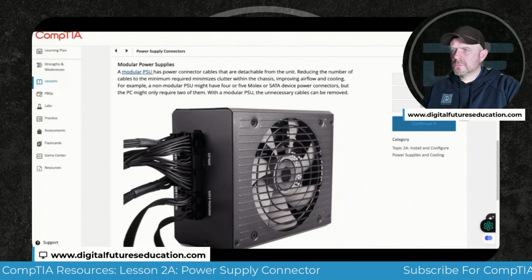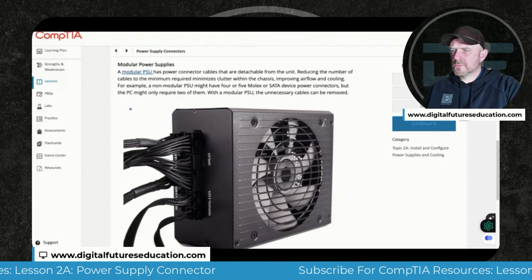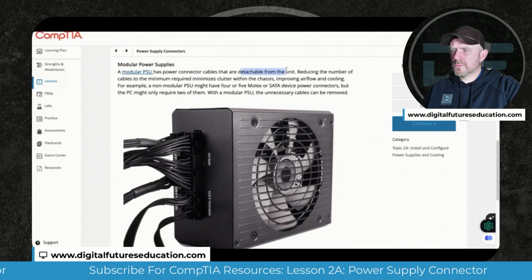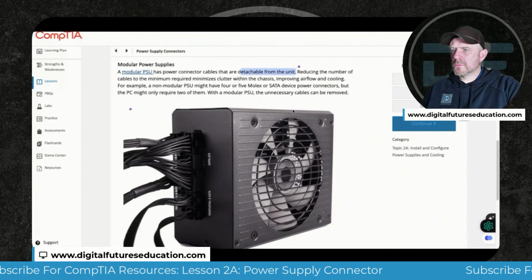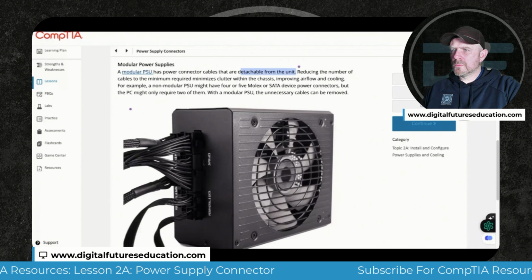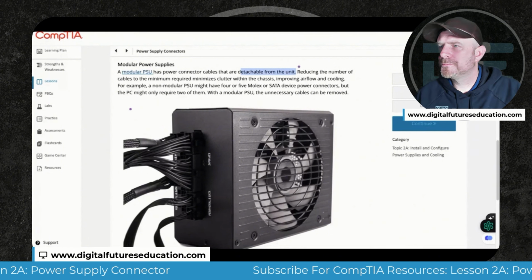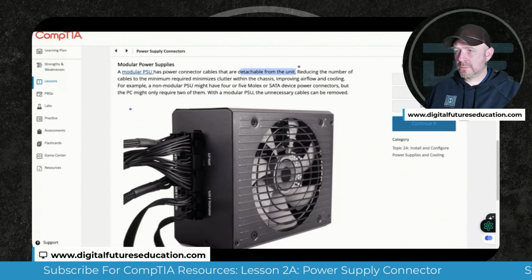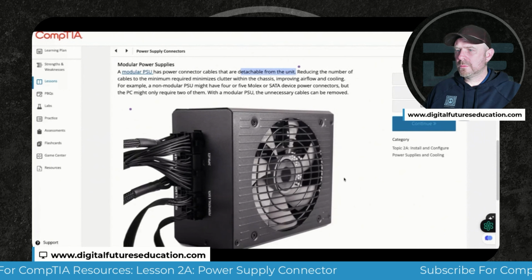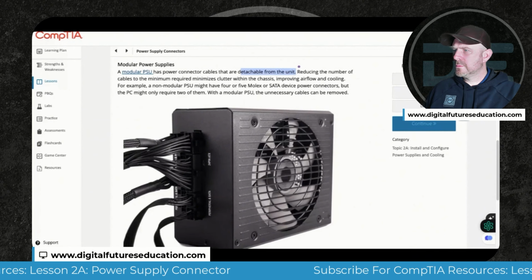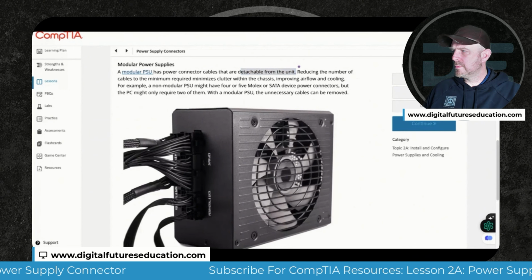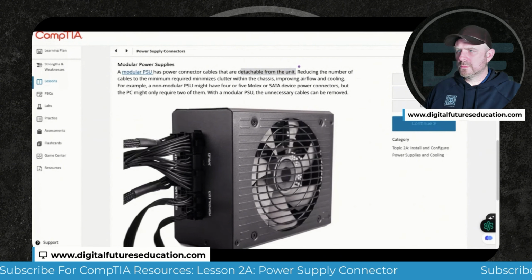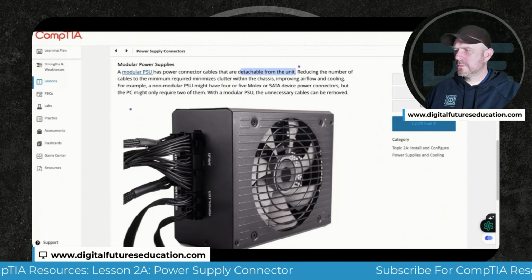So when we look at modular related to power supplies, it's a square shape and it's detachable from the unit, which means that the cabling and the organization of the parts of the module are all self-contained. So if you wanted to upgrade the fan to this computer, it would be easier than a fan that's been screwed into the case as much, because all the cabling and these wires are all self-contained.